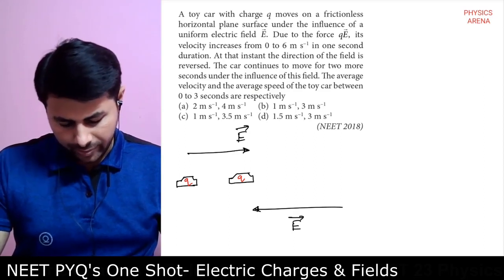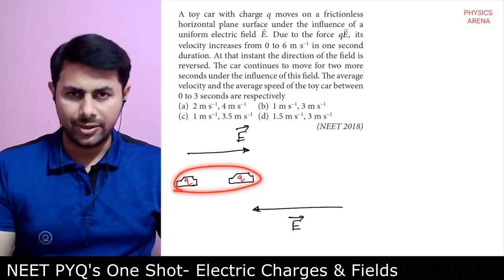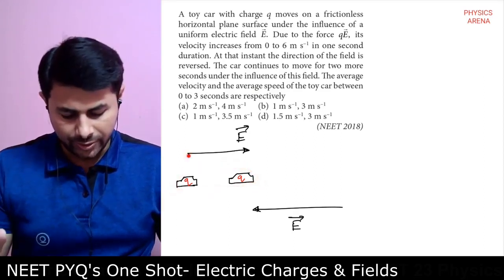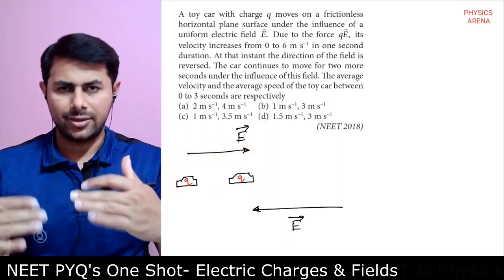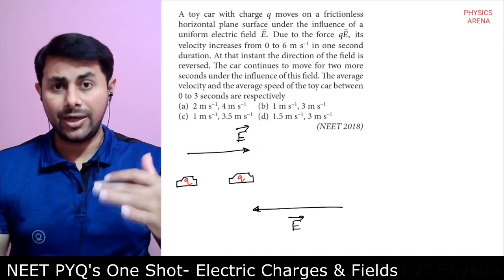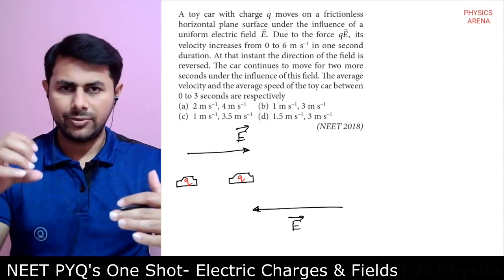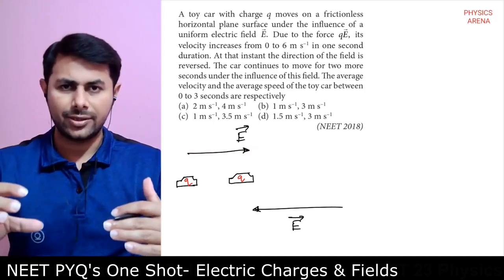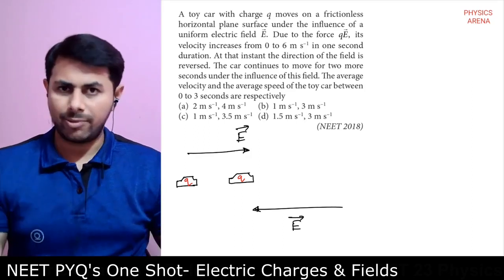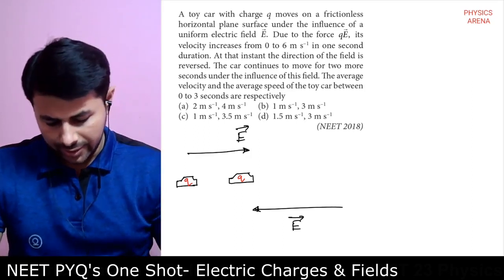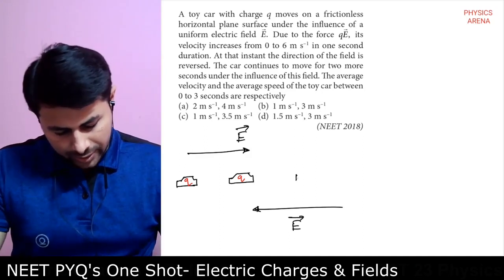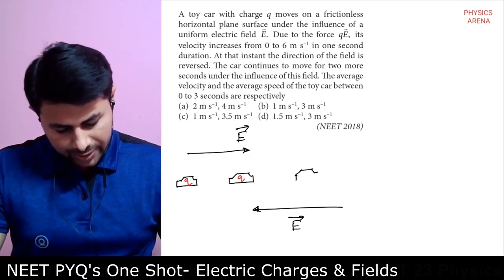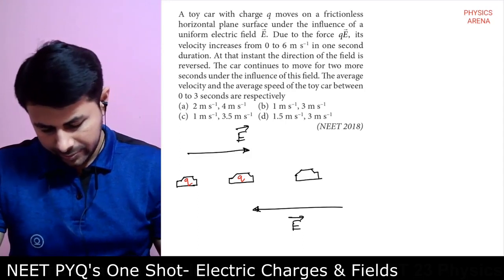It has gained this much velocity due to this electric field. Now, if you exert an equal and opposite force, its velocity will go from whatever it is to 0 in the same amount of time. Actually, it will travel the same distance and stop.